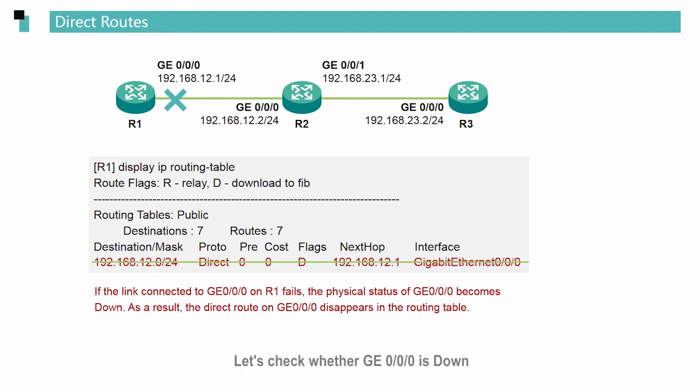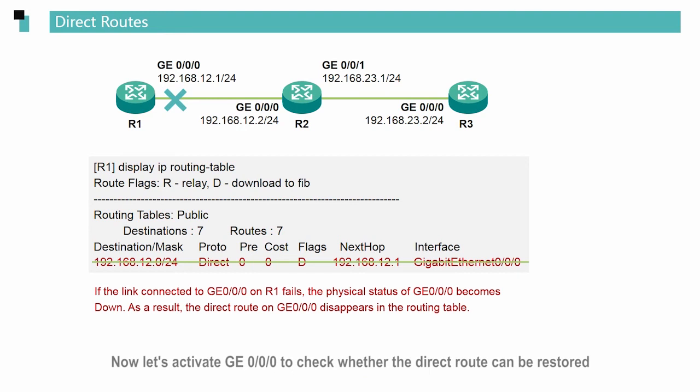Let's check whether GE0/0/0 is down. In this case, we can run the display ip interface brief command, which is used to check brief information about all interfaces. In the command output, we can find that both the physical and protocol status of GE0/0/0 is down.